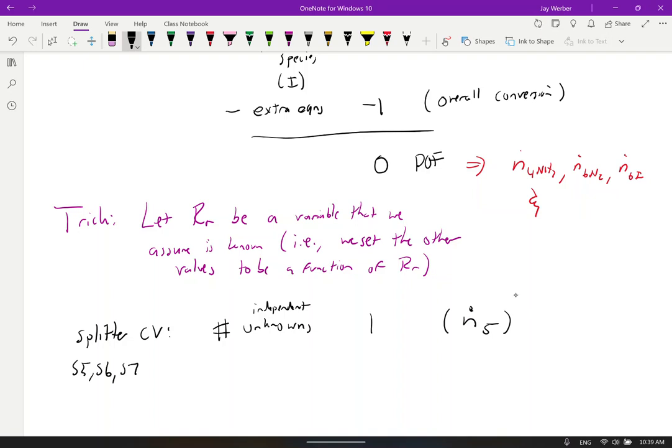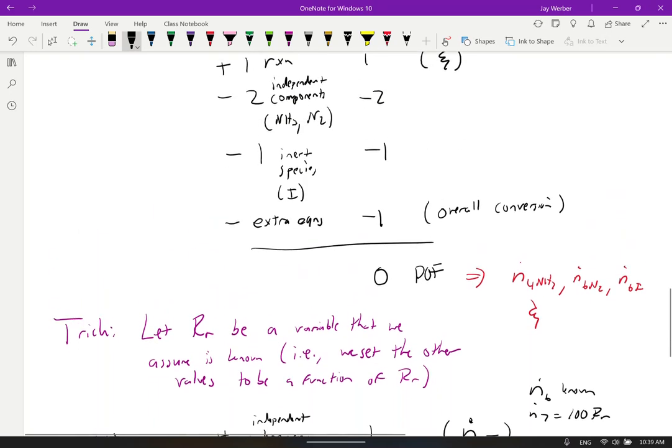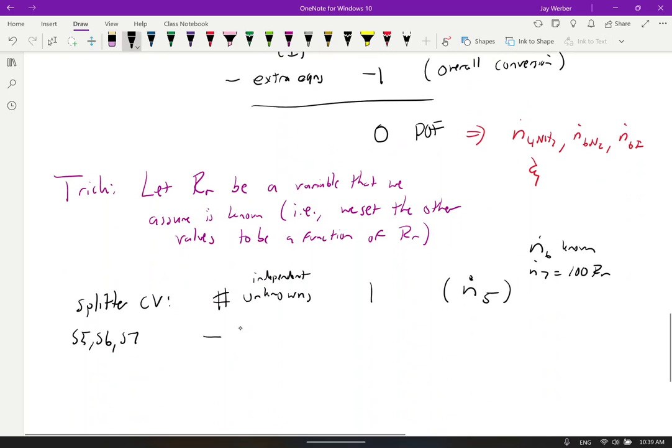So n dot 6 is known, and n dot 7 is equal to 100 RR, right? So we sort of assume we know that already. So we have the number of independent unknowns. Number of independent components is just 1. So we have 0 degrees of freedom.